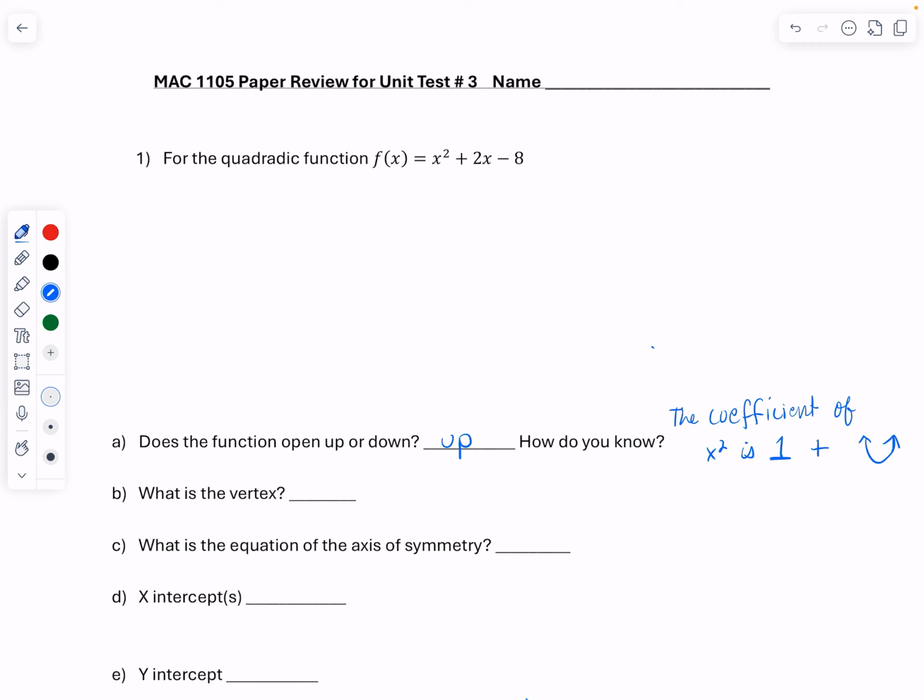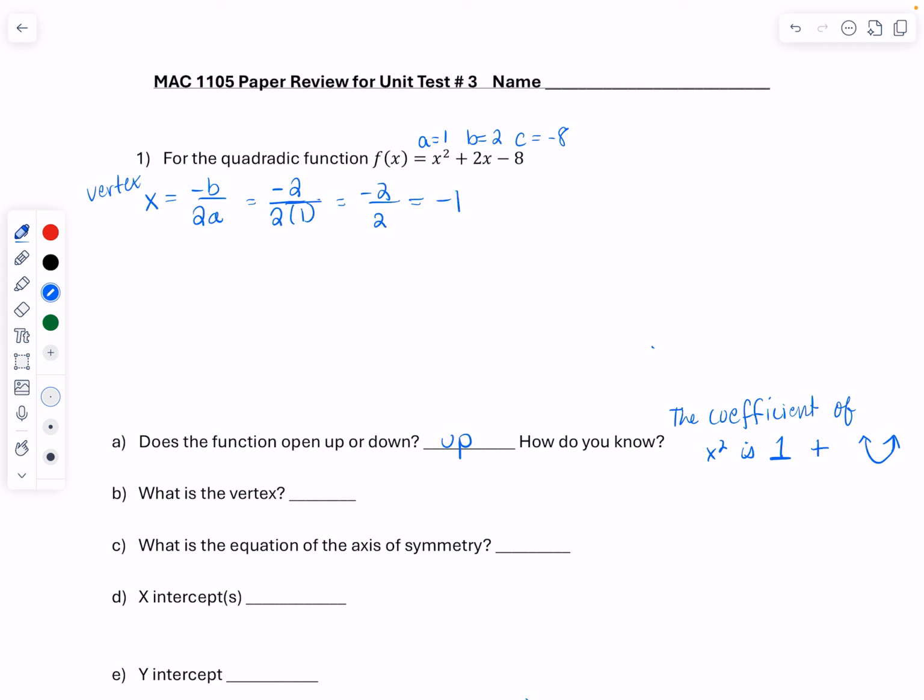What is the vertex? To find the vertex, the x value of the vertex can be found by taking negative b over 2a. So a in this case is 1, b is 2, and c equals negative 8. So all I'm going to do is plug stuff in. Negative 2 over 2 times 1, which is negative 1.